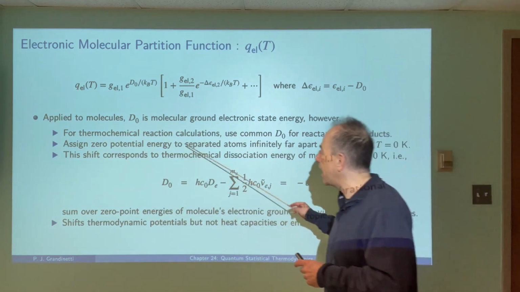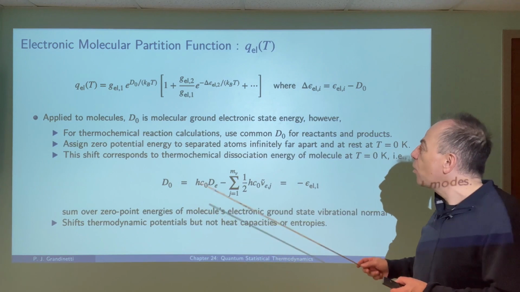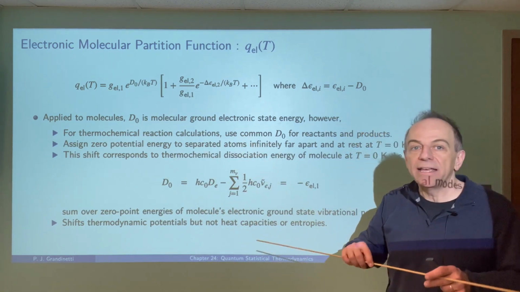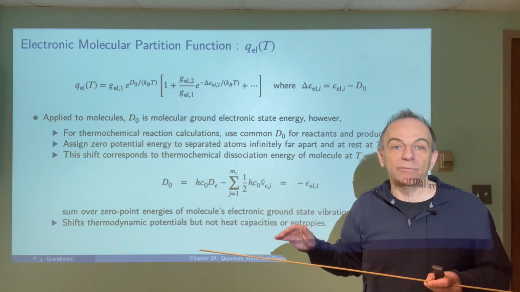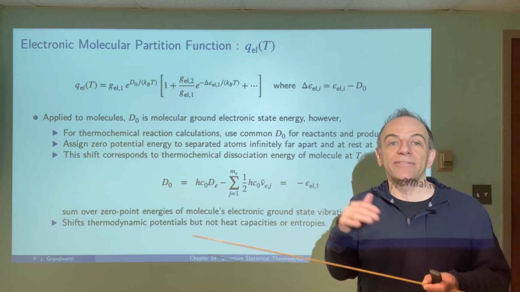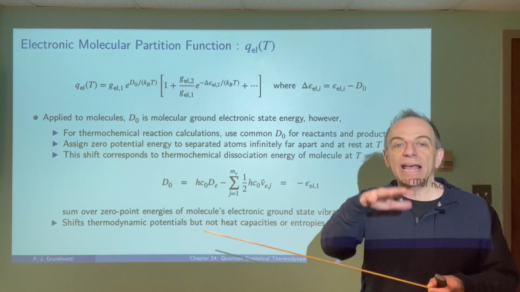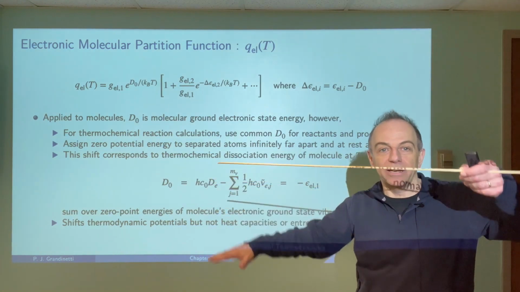So if we want to have a chemical reaction and we want to calculate an equilibrium constant or something like that, we have to use a D0 that is uniform across all the reactants and products that we're using. In other words, we can't just take D0 for every molecule and define it as 0 for that molecule, because that molecule relative to another molecule's ground state are not going to be the same.